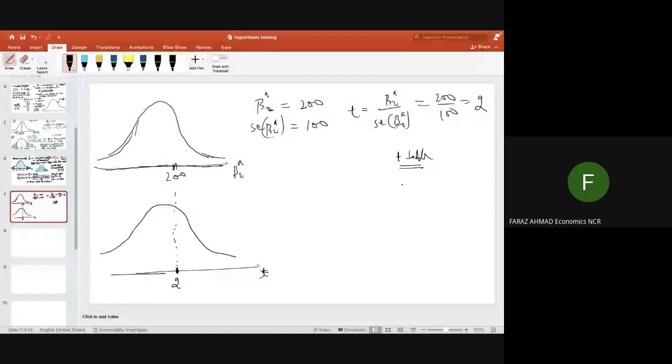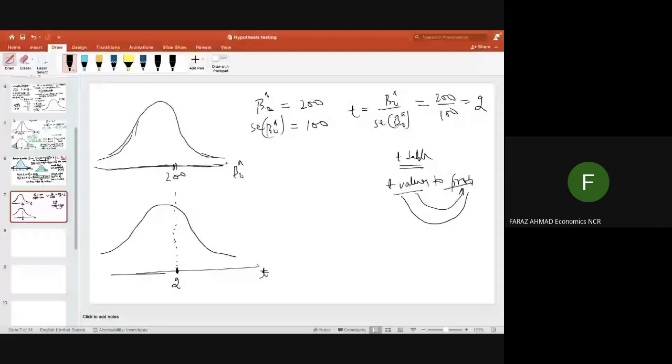It just connects t values to probabilities. So if you have a t value, it will give you a probability, that's area under the curve. If you have a probability, it will give you a t value, right, for a given sample size? Now we will talk about t table.